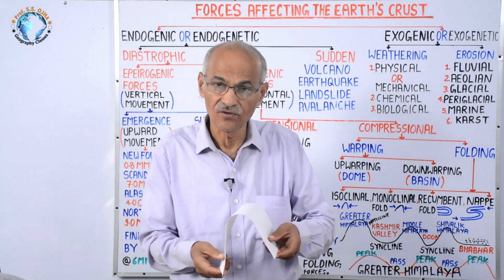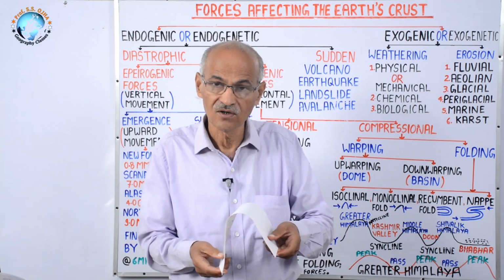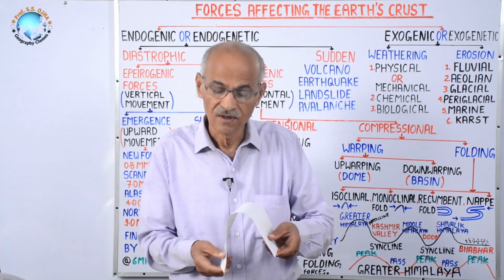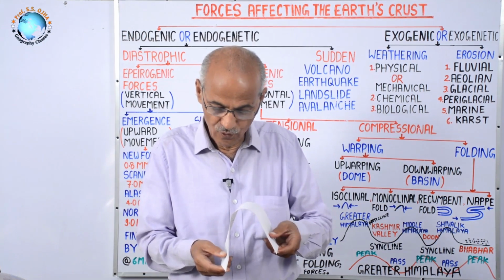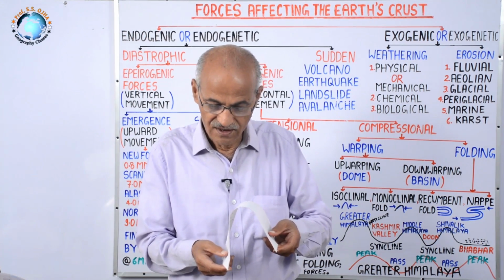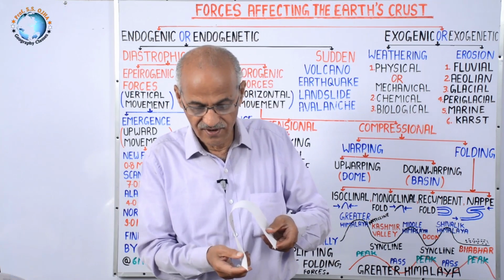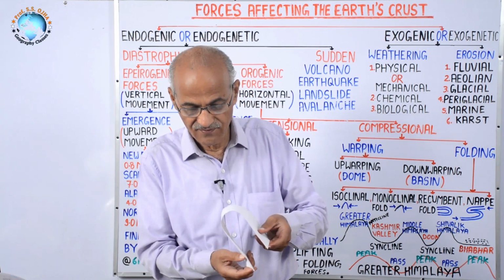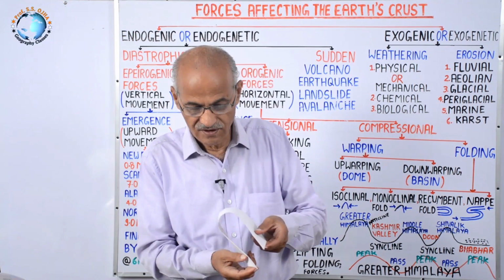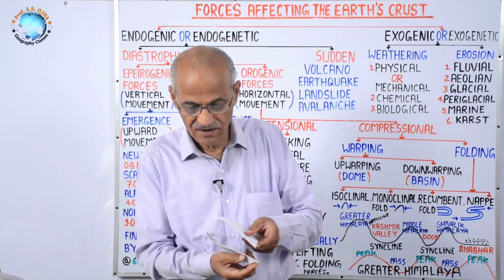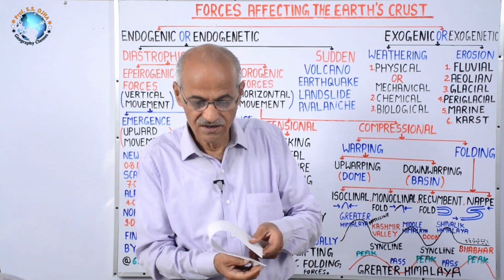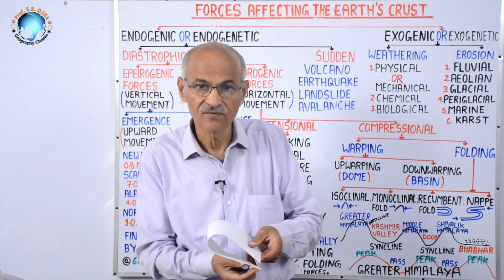This is also a fold, but called monoclinal fold. Now the next thing is that if the force from one side is very high, then this fold is turned and it slips, it falls down, and this is called a recumbent fold.